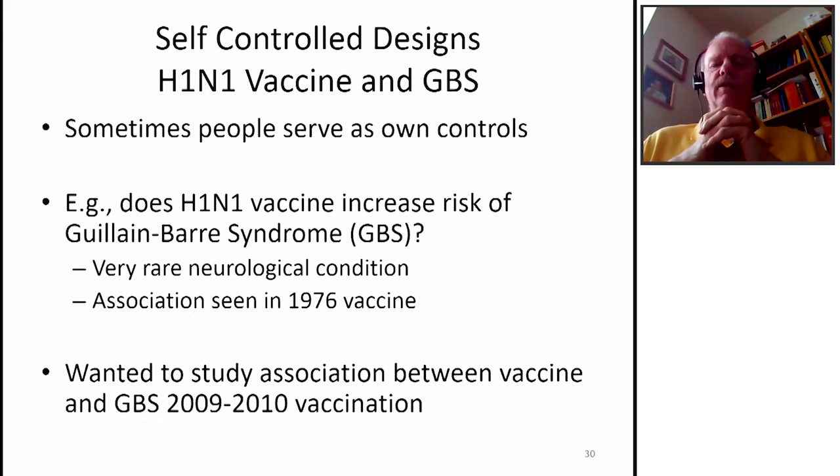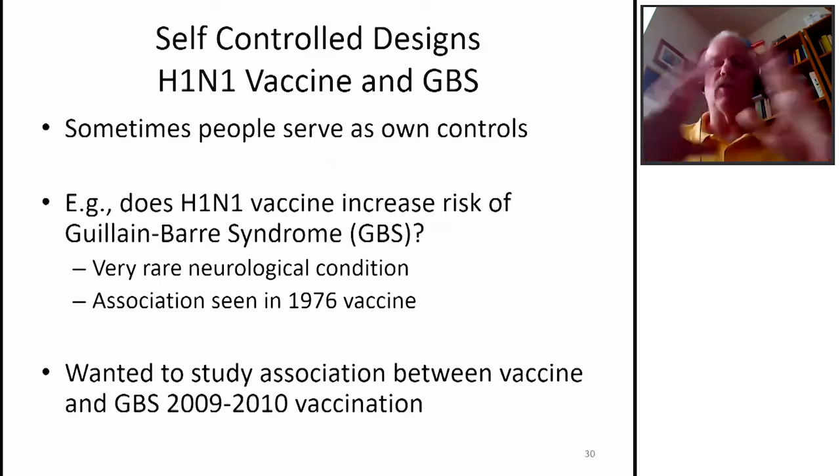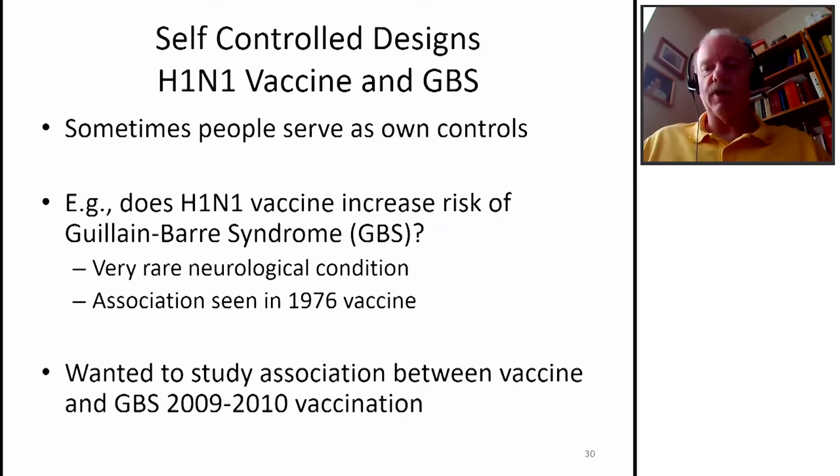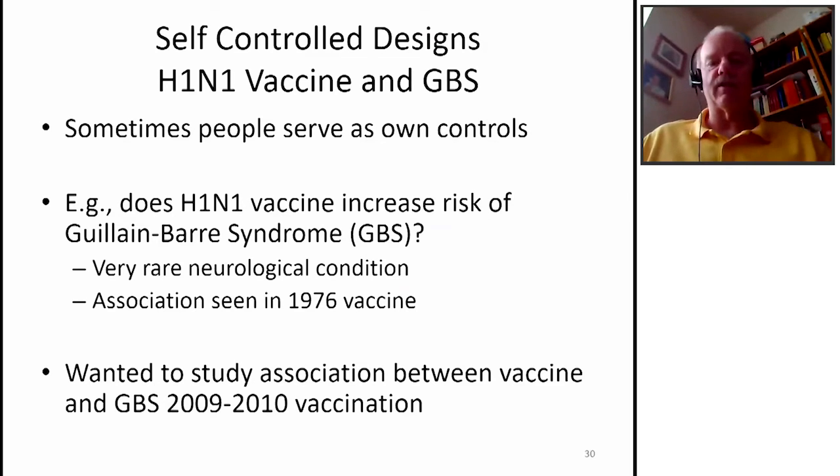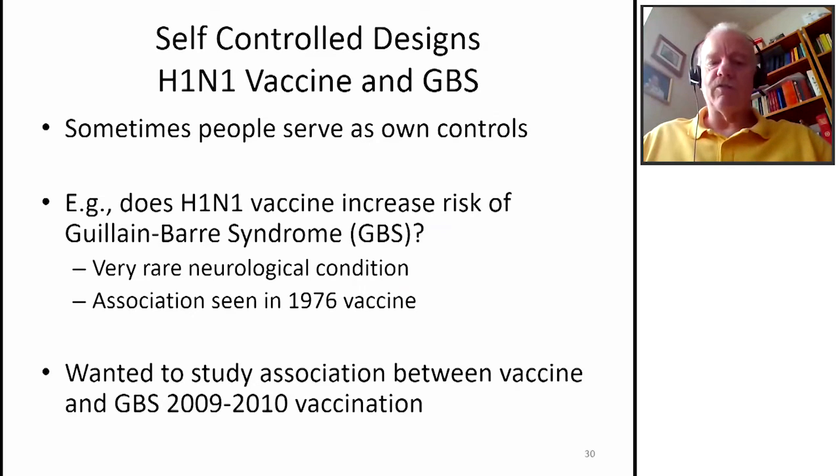Now, I wanted to give this example of what I think is a pretty well-designed observational study. Of course, I think this because I was involved in this study. This involved the H1N1 vaccine, swine flu vaccination. And the question was, does this increase the risk of Guillain-Barré syndrome, which is a very rare neurological condition?